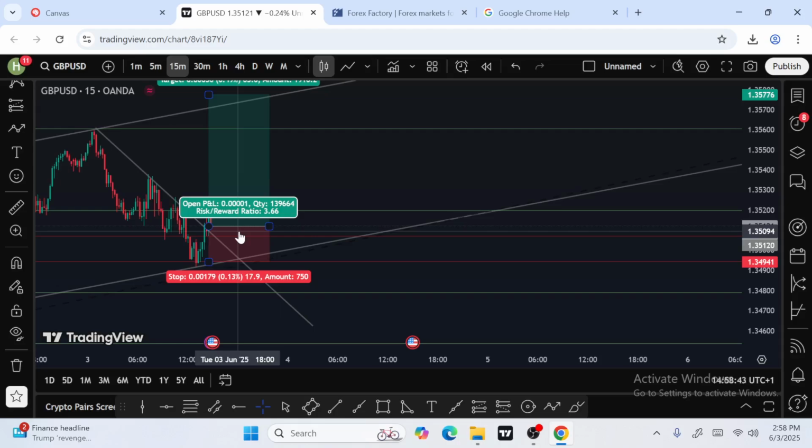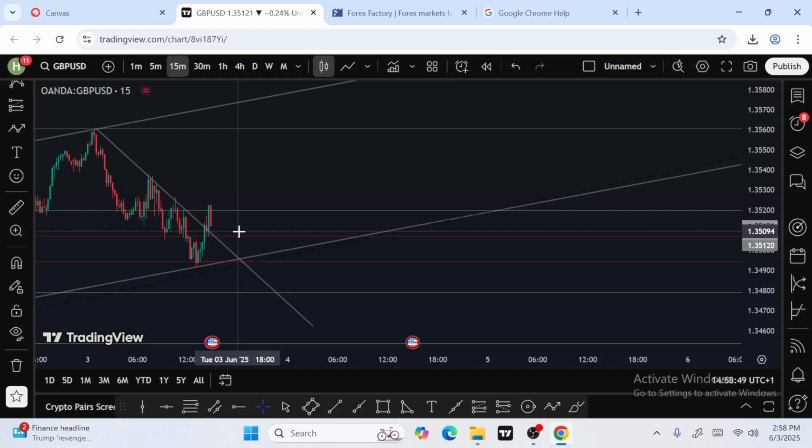Just leave it like that. 1.35 is our entry point. 1.351. This is our entry point. Don't forget, market came down to our market.